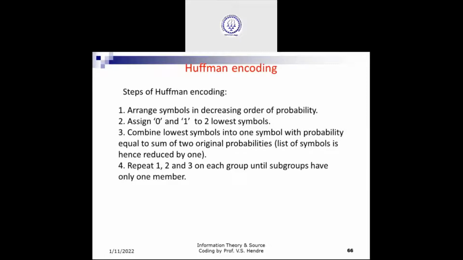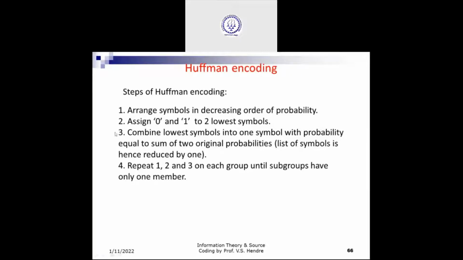Step number three, take the sum of these two lowest symbol probabilities and carry forward this sum as a single element in the next column, so that the next column has the number of symbols reduced by 1.